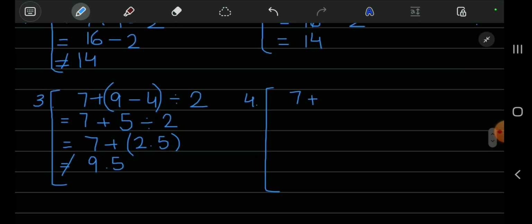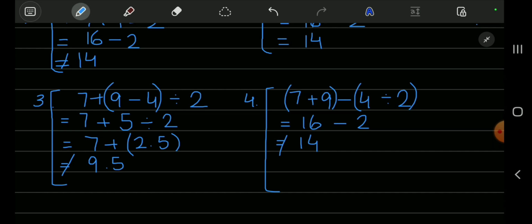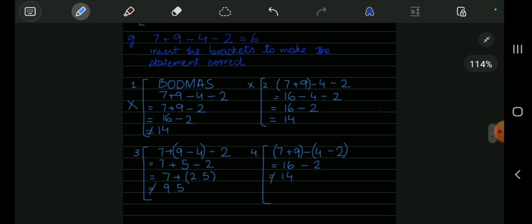So multiple brackets could be like this. 7 plus 9 would be 16 minus 2. 4 divided by 2 would be 2, and this is again 14. That is also not correct. See, we tried all the things that we had already tried in the previous question, and that worked over there. But here it is not working.